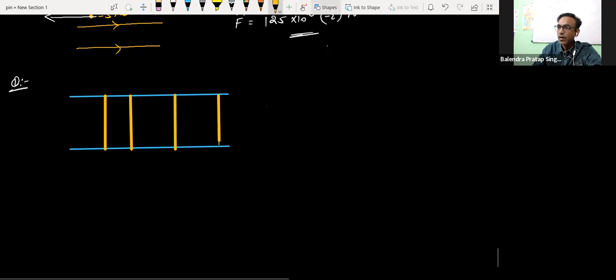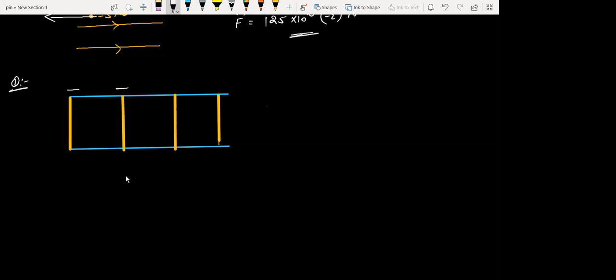So suppose this one is your electric field, and what you have to do, yeah, so in this electric field, this one is your negative plate, negative, negative, negative, negative.